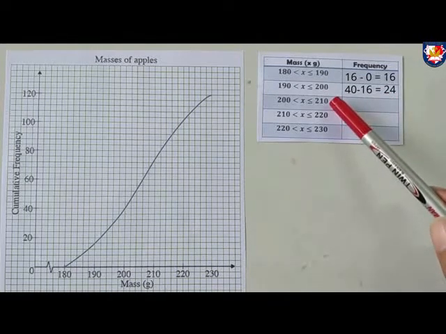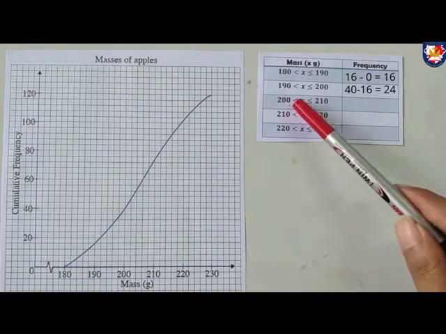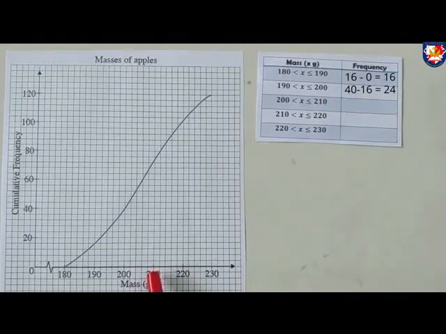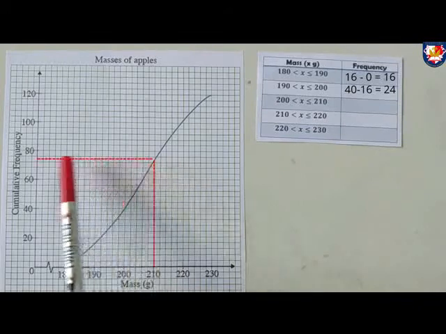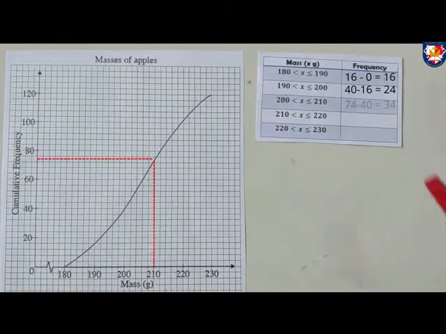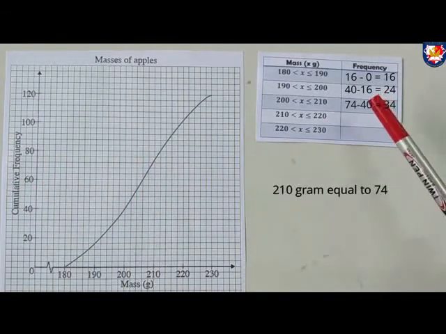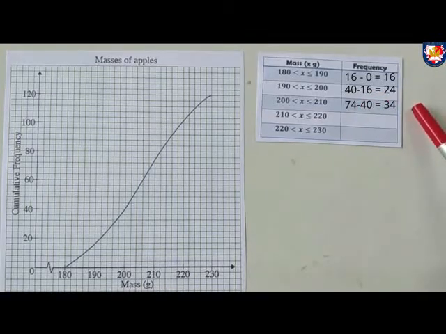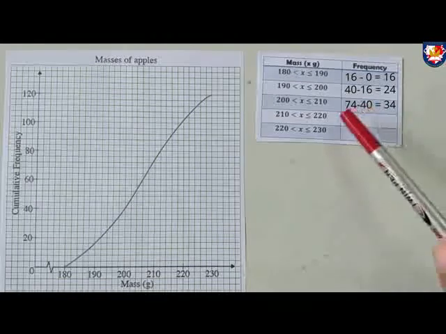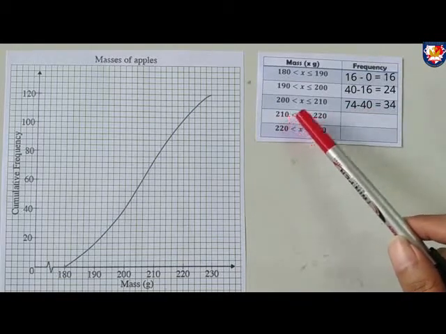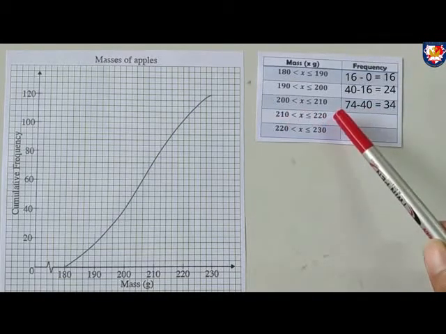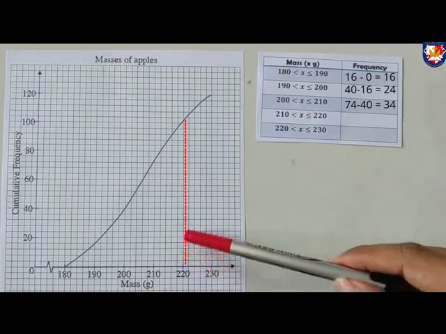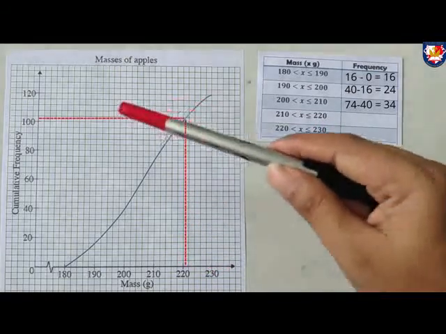And then we find this one. We have known 200. Now we find 210. At 210 we take a straight line, check it here. We get 74, so 74 minus 40 equals 34. And then here we have known 210, we find 220. At 220, as you can see here, we take here, we take there.